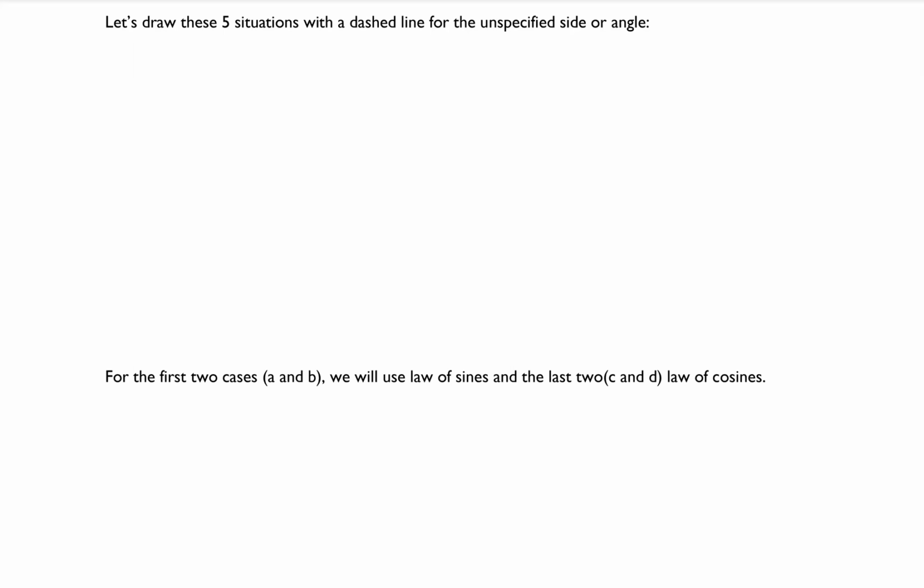So the first case that we had was angle side angle, and that's going to look like this. So we know angle, side, angle, and then we don't know this angle or the other 2 dashed sides. Then we have side, angle, angle.